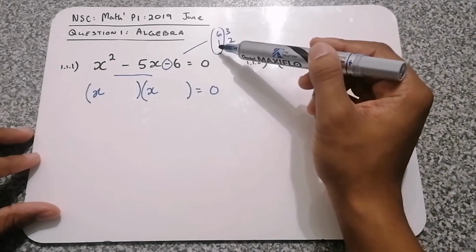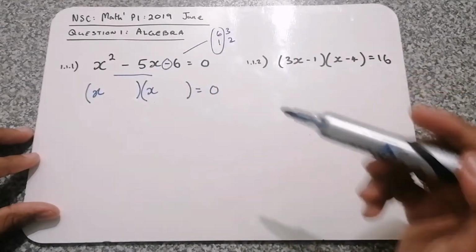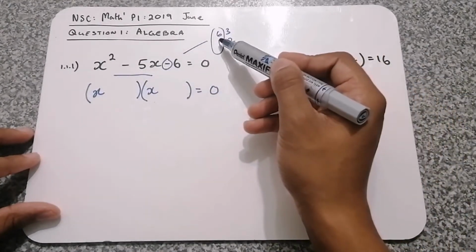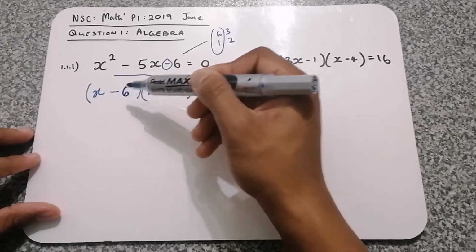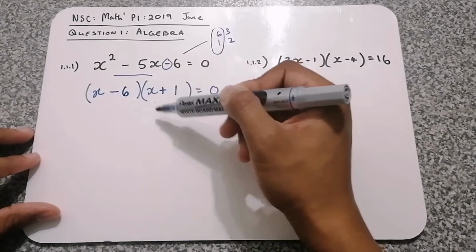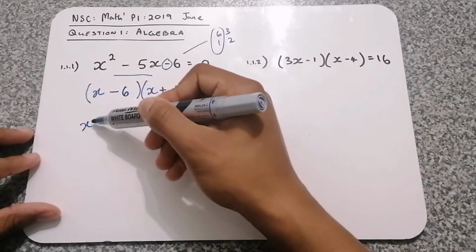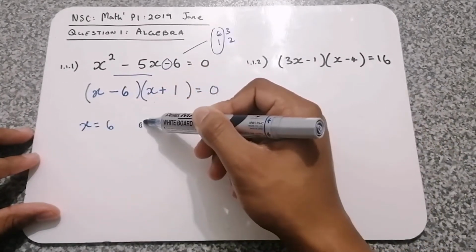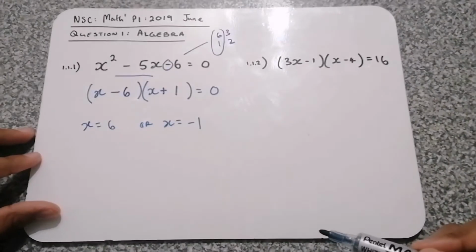Now 6 minus 1 gives us 5, but 1 minus 6 gives us negative 5. So 1 has to be positive and 6 negative. And for this trinomial, x is either equal to 6 or x is equal to negative 1.